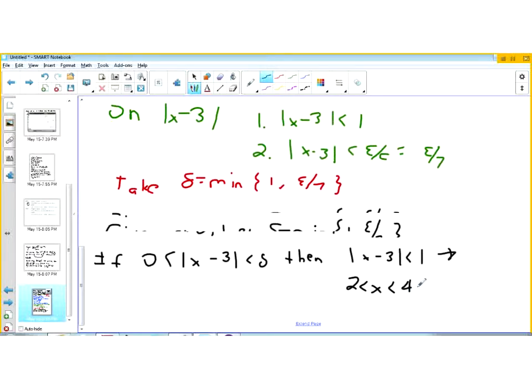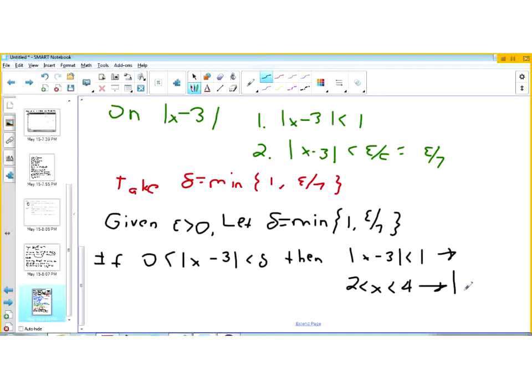A distance of 1 from 3 is the same as saying x is between 2 and 4.